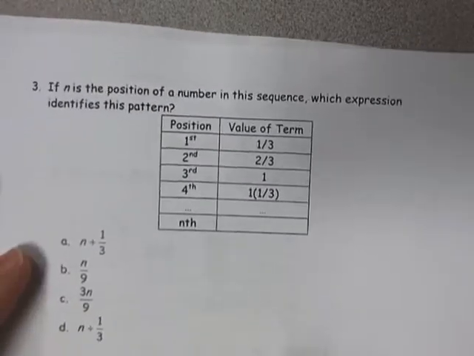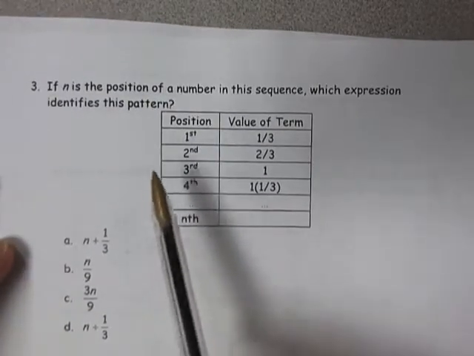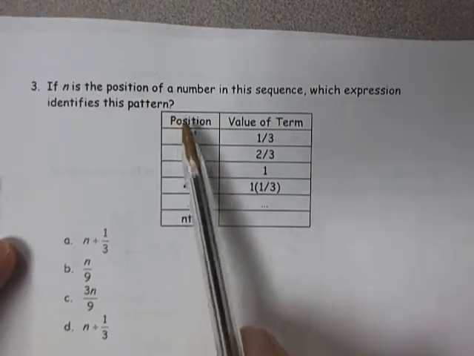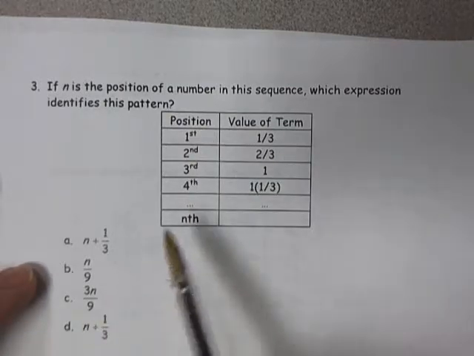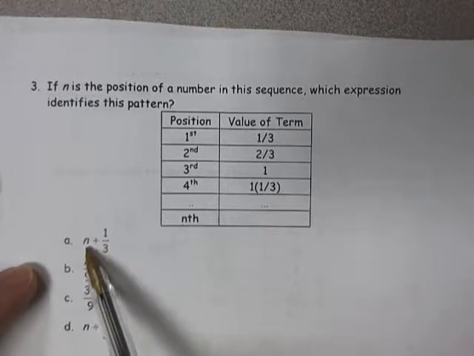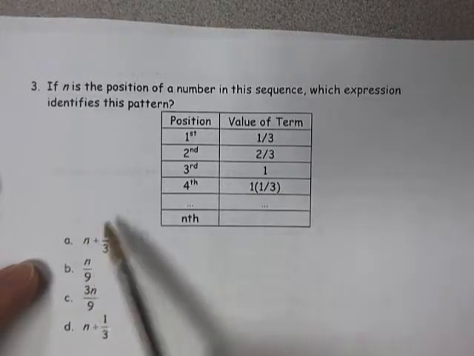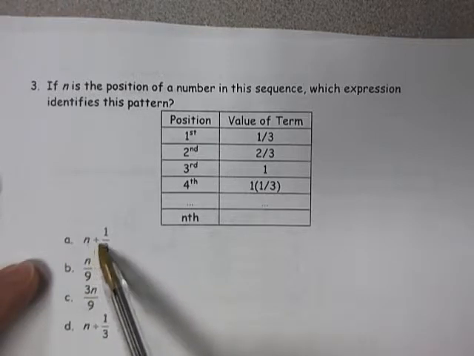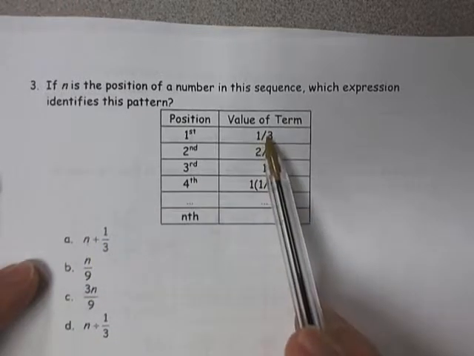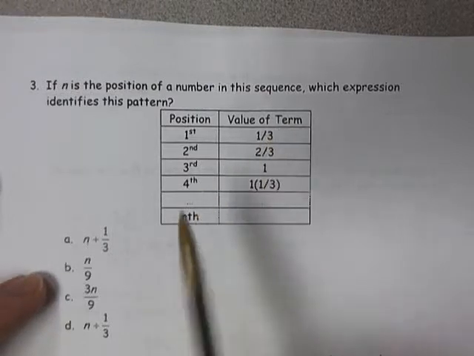Number 3. If n is the position of a number in the sequence, which expression identifies the pattern? So once again, we need to plug position number in for n. If I plug the first position in for n in answer choice A, I get 1 plus 1/3, which is 1 and 1/3. Well, that's not the term that I'm looking for.